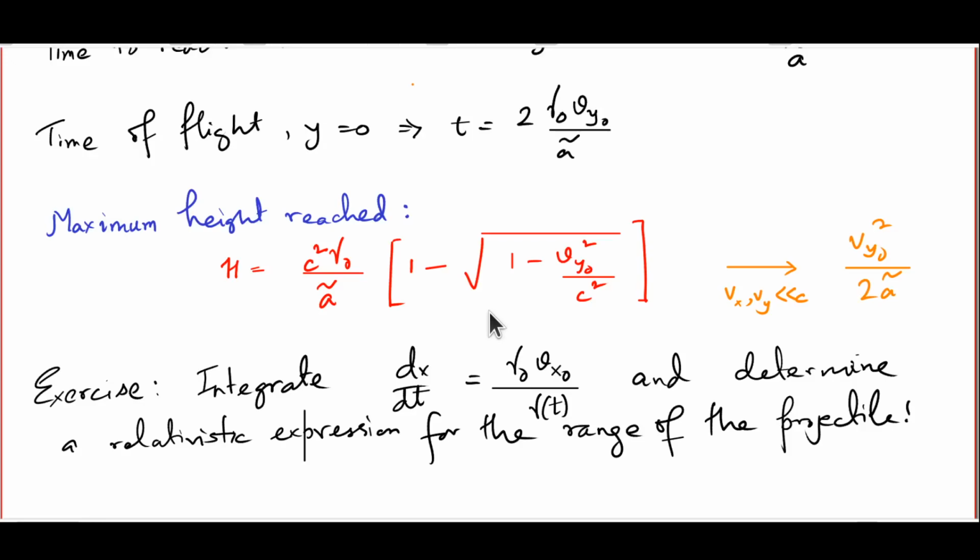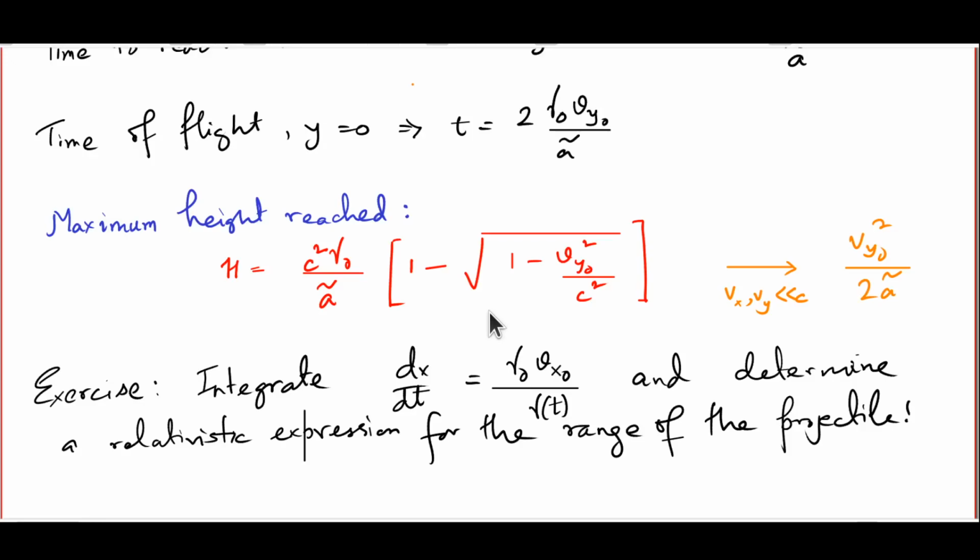You would expect the range to be enhanced because of the simple fact that since gamma is decreasing as the particle climbs up, gamma Vx being a constant means that the velocity in the x direction actually increases as long as the particle is climbing up.